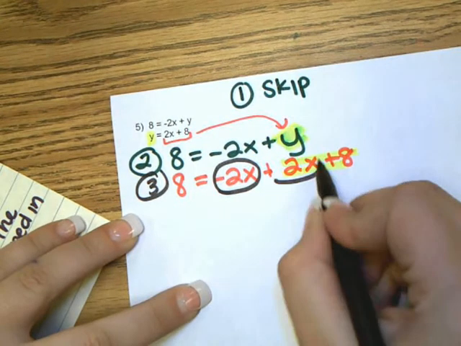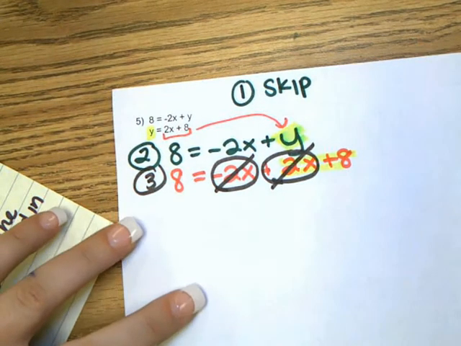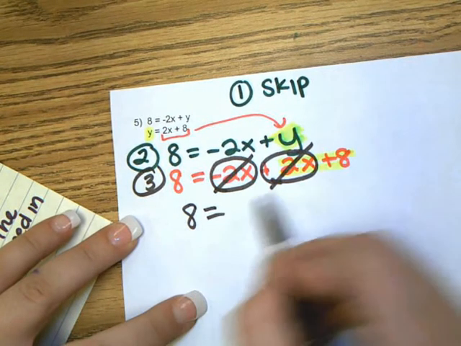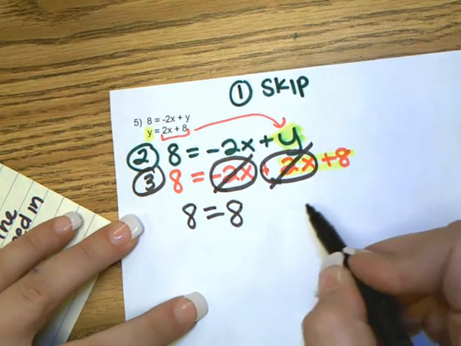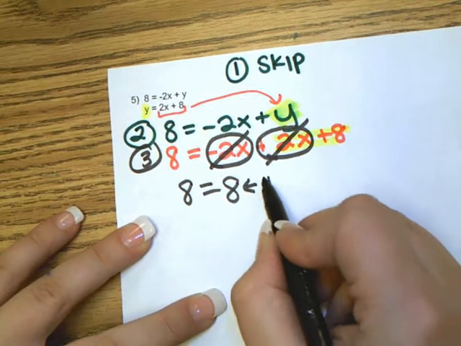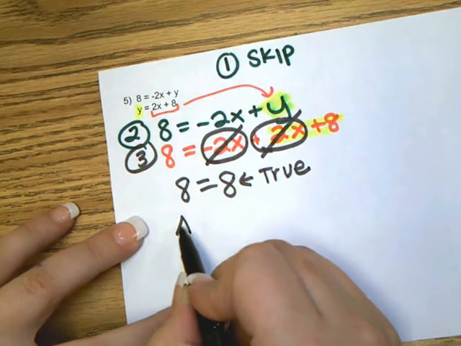Okay, now step 3. Step 3 we're going to simplify. So I'm going to put the negative 2x with the positive 2x, and that makes 0. They cancel out. So we're left with an 8 here equals an 8 here. There's no x, so x does not equal just one number.